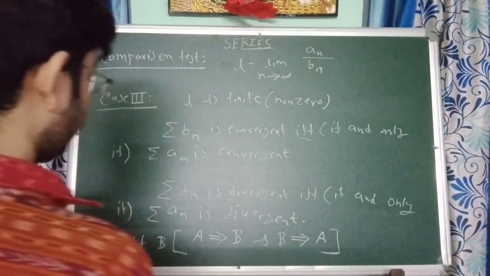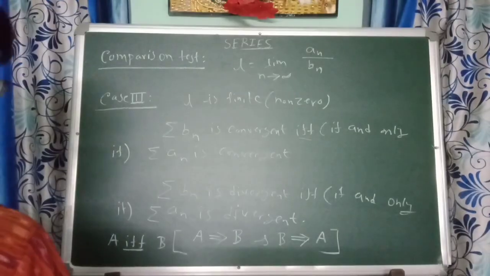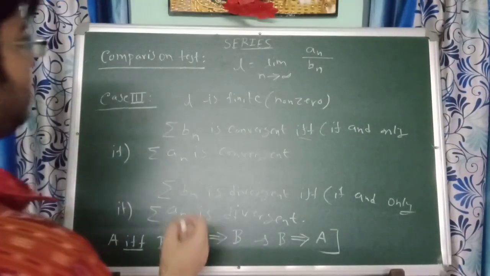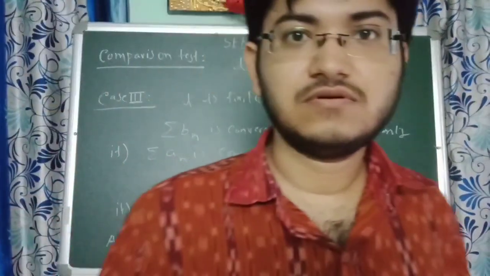This is compactly written as A if and only if B. So these are the three cases of the comparison test. Now we discuss some problems about the comparison test.